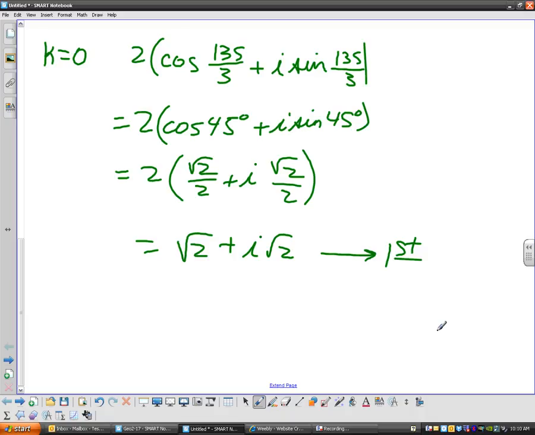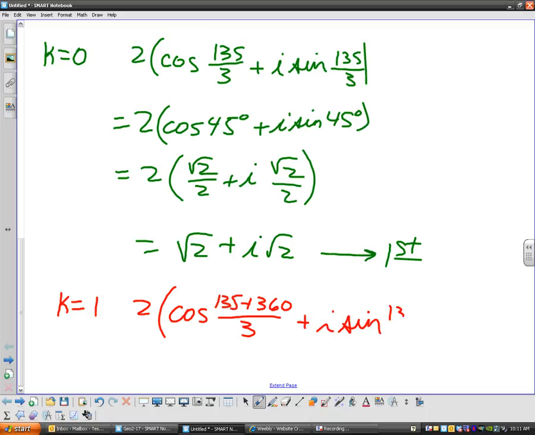Now the second one, I'm going to use k equals 1, and I have 2 times the cosine of 135 plus 360 divided by 3 plus i times the sine of 135 plus 360 divided by 3.